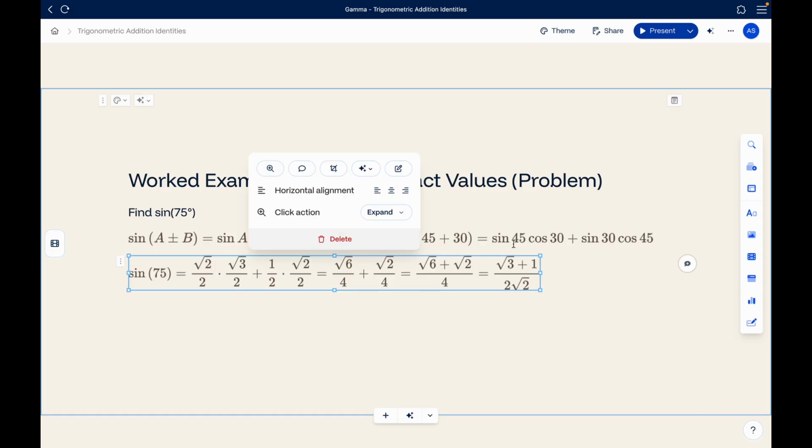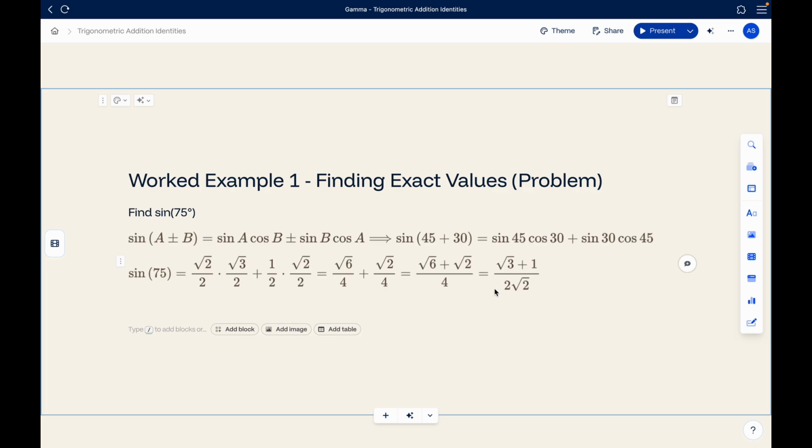So, these last two solutions, the square root of 6 plus the square root of 2 over 4, which is also equal to the square root of 3 plus 1 divided by 2 times the square root of 2, are both all good. They work, and that's the solution to this problem.